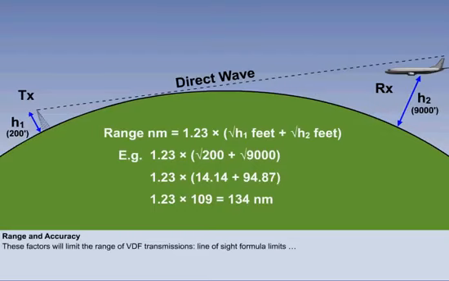As VDF utilizes the VHF band, or sometimes the UHF band, the range in nautical miles will obey the line of sight formula of 1.23 times the sum of the square root of the height of the receiver in feet and the square root of the transmitter in feet. So the higher the aircraft, the better.